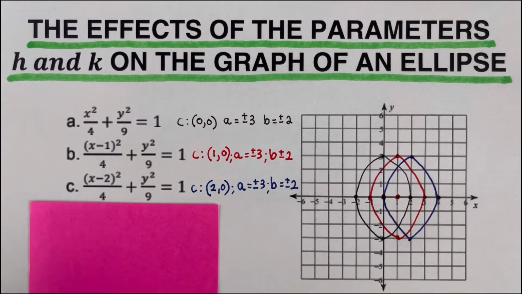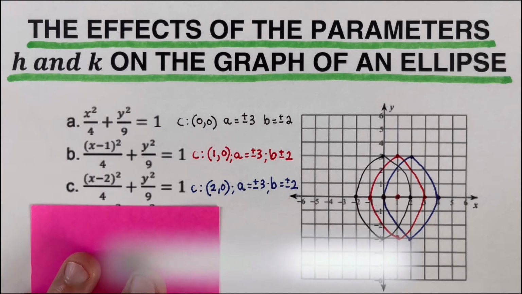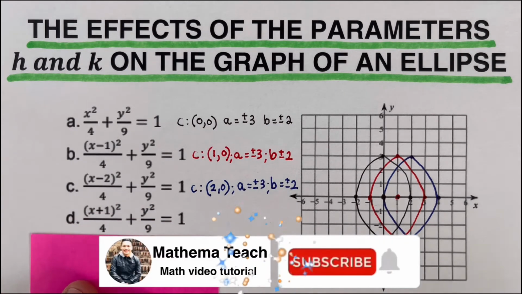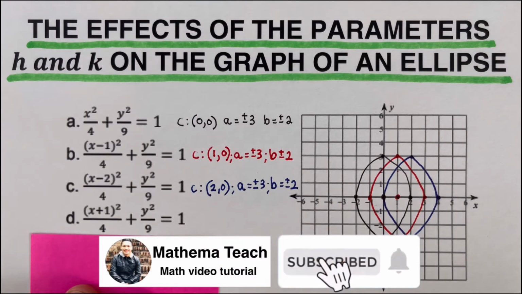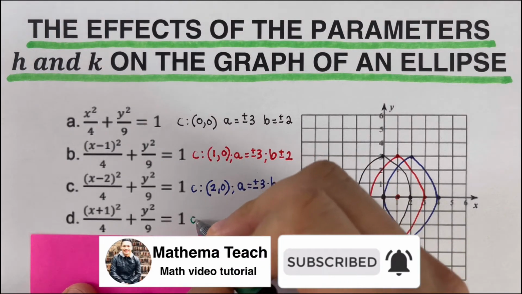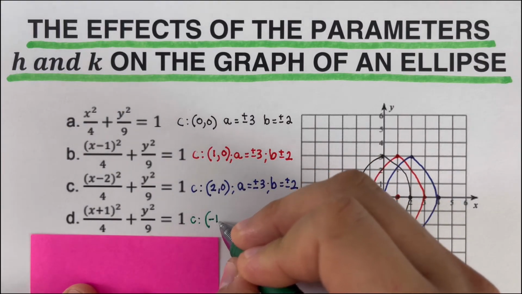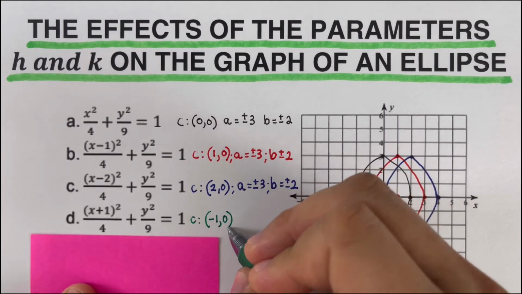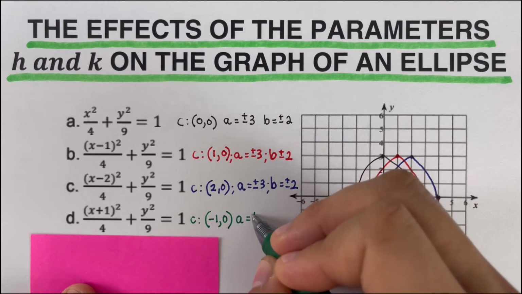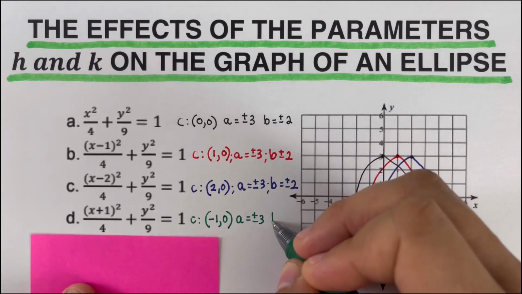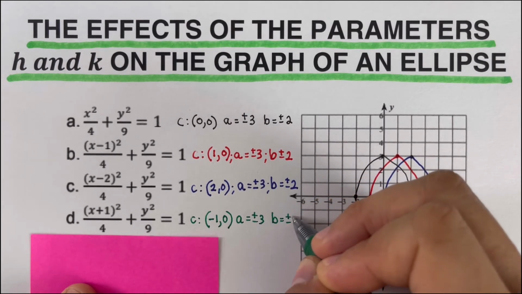Now let's see how the other graphs look. So let's have here this fourth equation. Our center here is switched and kept, so that's going to be -1, 0. Again, our A is plus minus 3 and our B is plus minus 2.